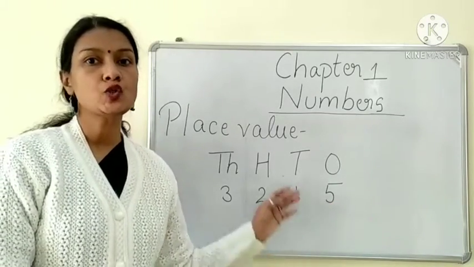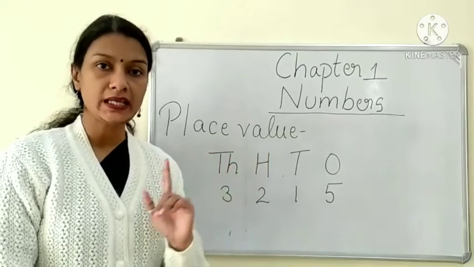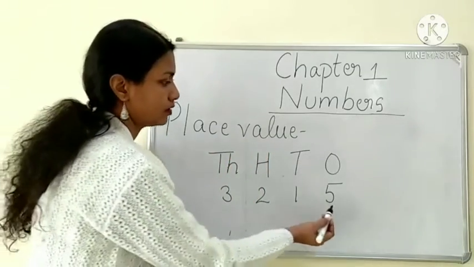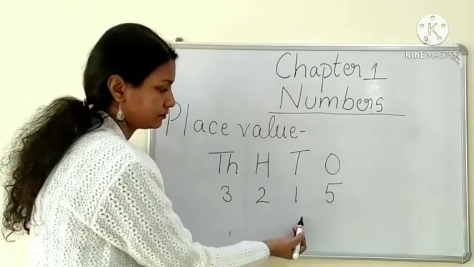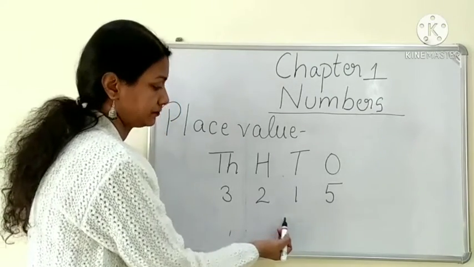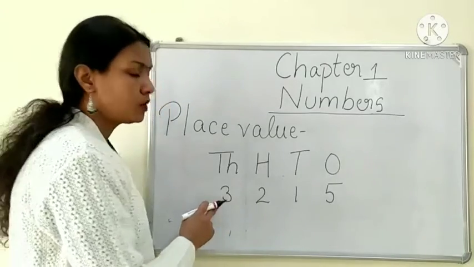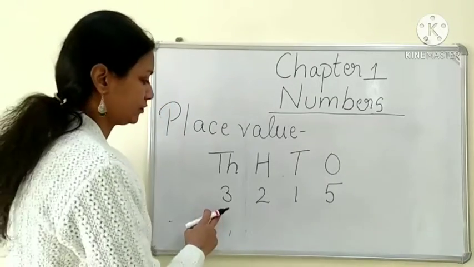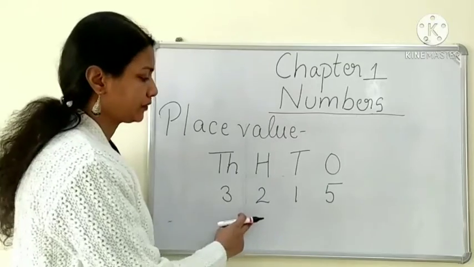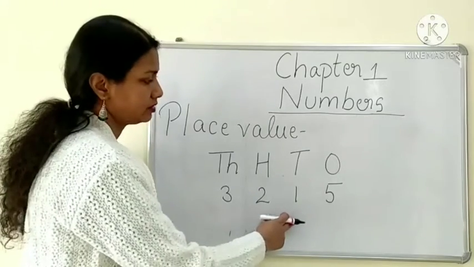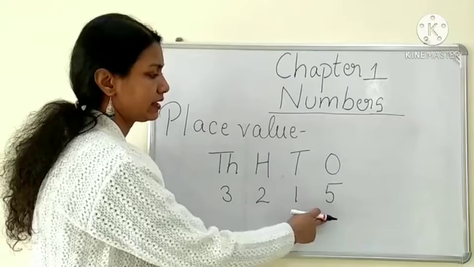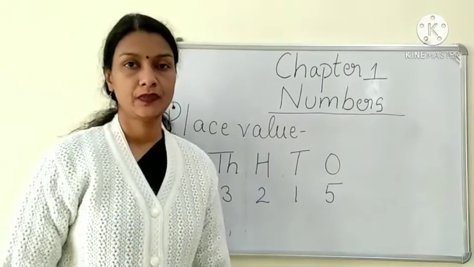Move from right to left, one digit at a time: ones, tens, hundreds, thousands. So, place of 3 is thousands, 2 hundreds, 1 tens and 5 ones. Understood?